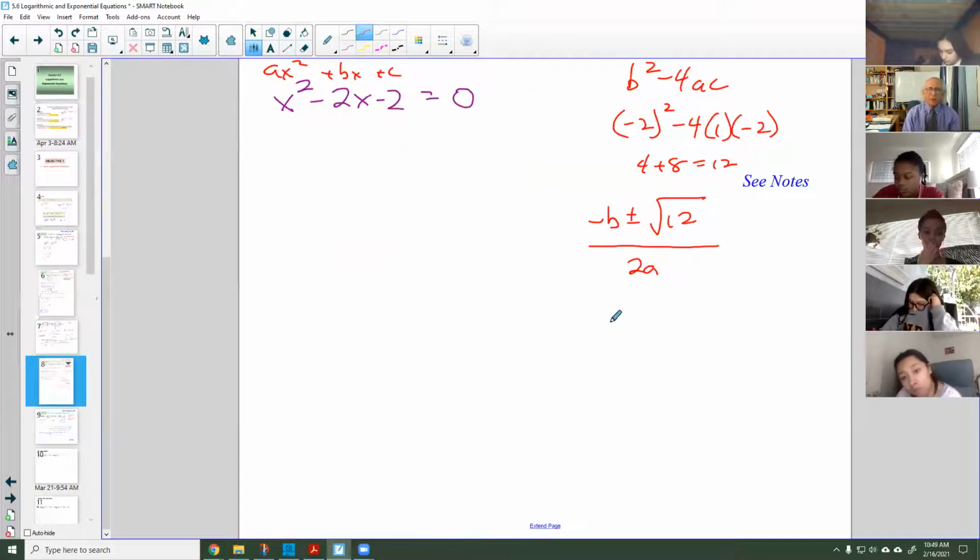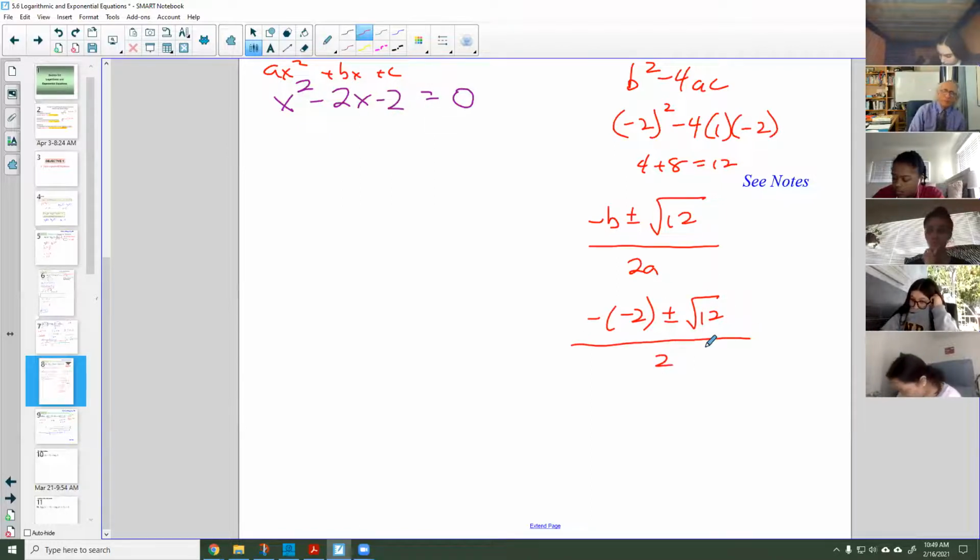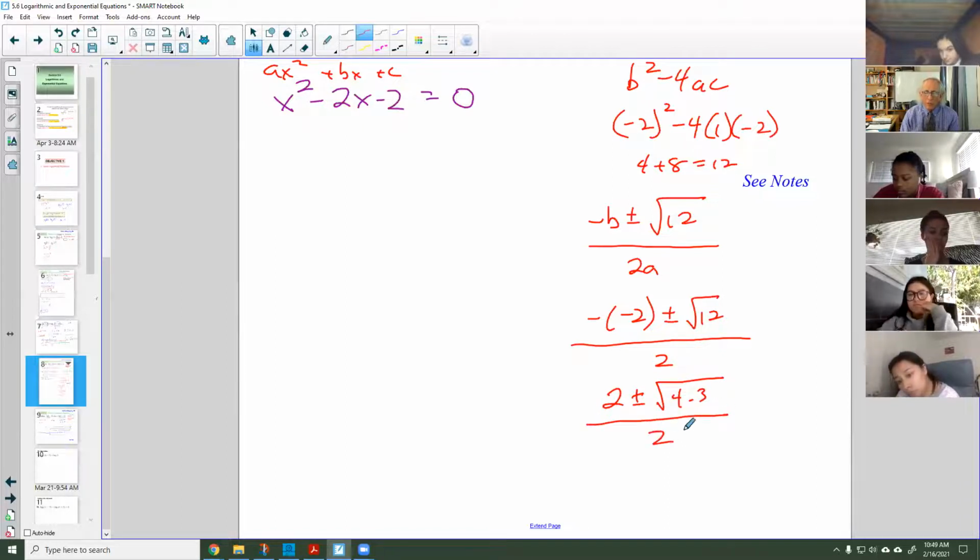So that is going to be negative 2 plus or minus the square root of 12 divided by 2. So I have positive 2 plus or minus the square root. I'm going to change this 12 to 4 times 3 over 2. Everybody still with me? Going okay? All right.